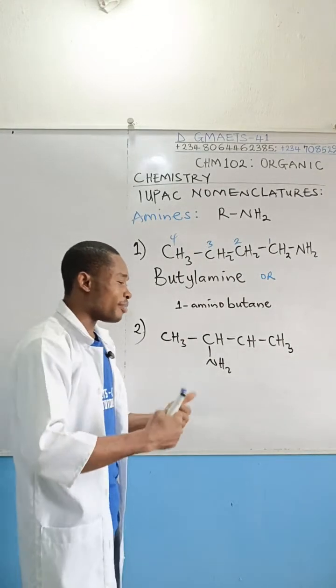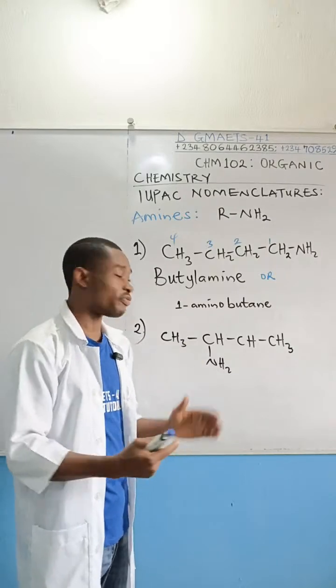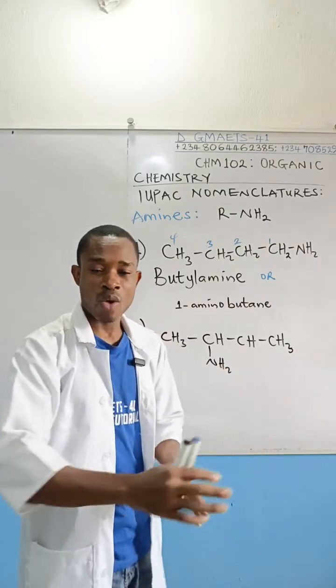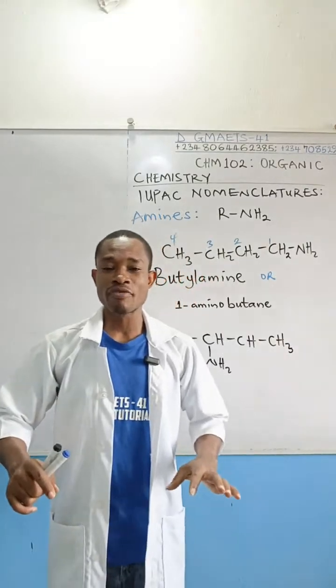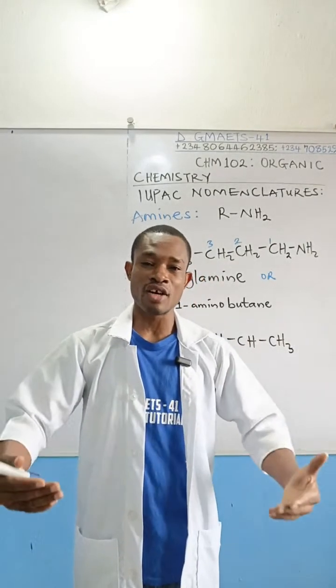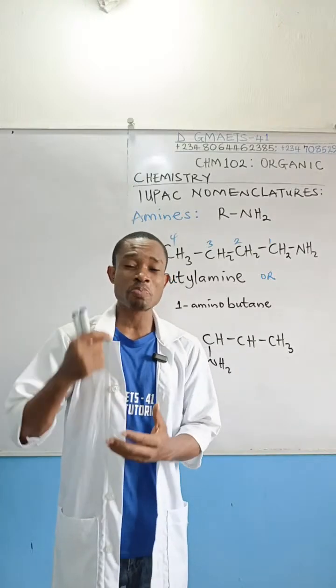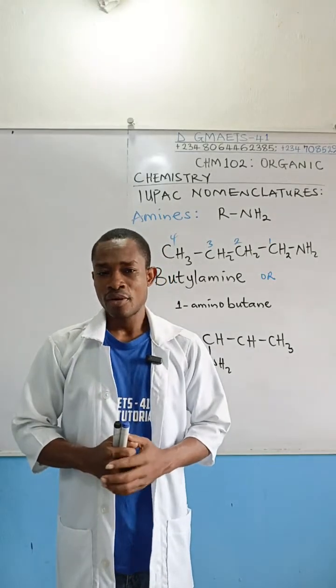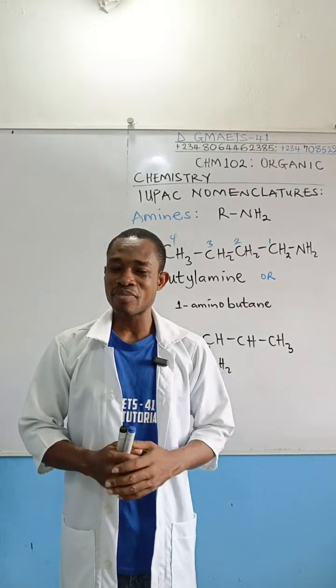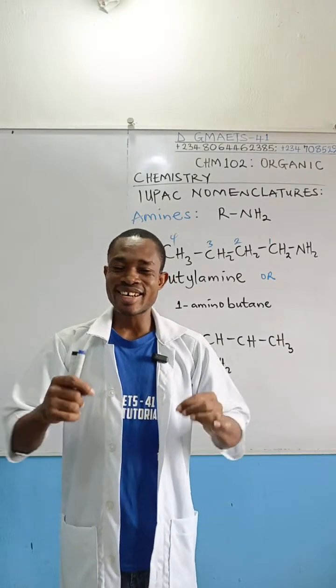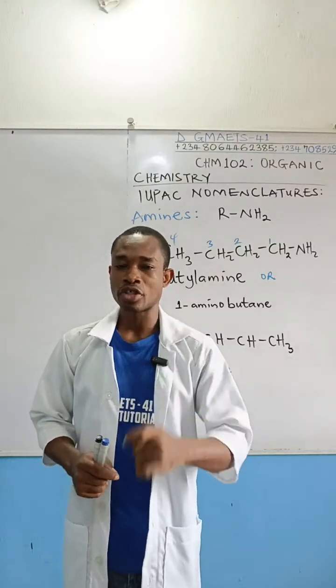Now you want to determine where you will start your counting from. Is it from the left or from the right? And once again, the direction to start counting from follows everything you've learned and I've taught you all through IUPAC nomenclature. Remember, what determines where you start counting from is greatly linked to the functional group.